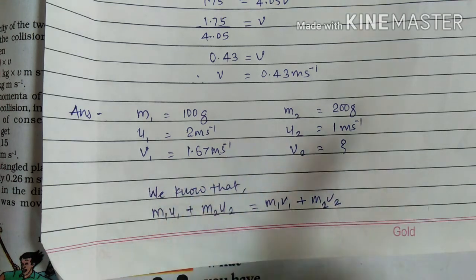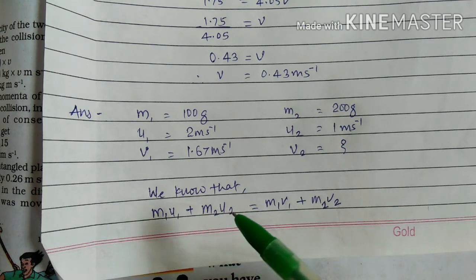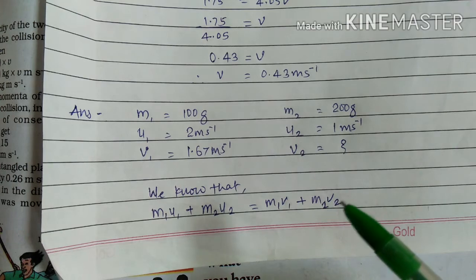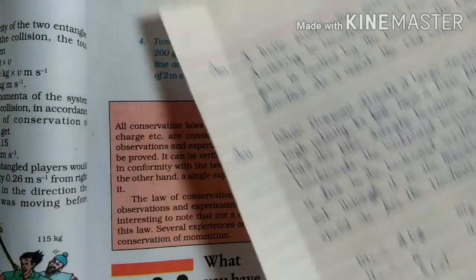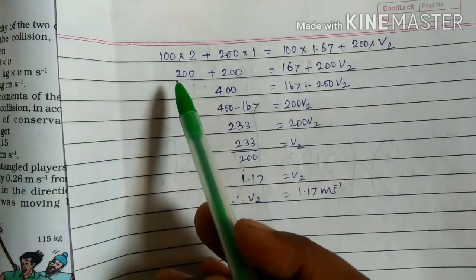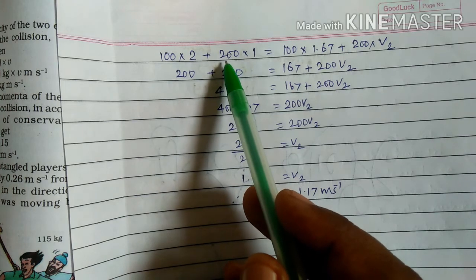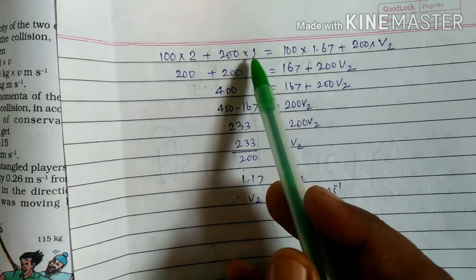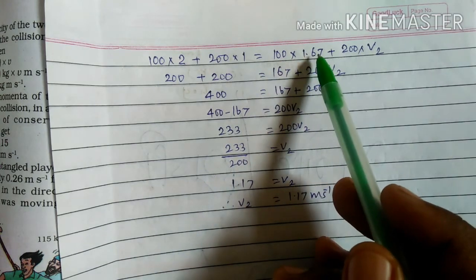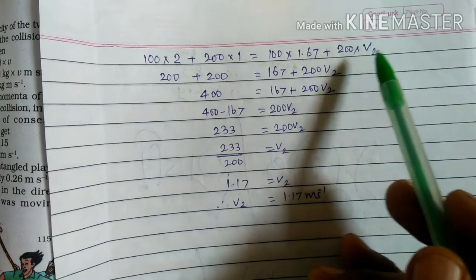We know that m1 u1 plus m2 u2 is equal to m1 v1 plus m2 v2, by the law of conservation of momentum. Then you can solve this by putting in the values: m1 100 into u1 2 plus m2 200 into u2 1 is equal to m1 100 into v1 1.67 plus m2 200 into v2.